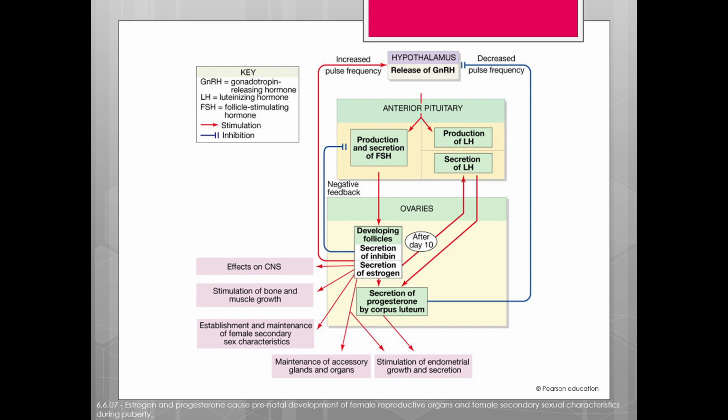This diagram, as you may see, is quite similar to what was shown for males. We are not going to analyze this whole diagram. It is here only to remind you that what happens due to hormones in a male organism is quite similar to what happens due to hormones in a female organism. The difference, basically, is in the final outcome.